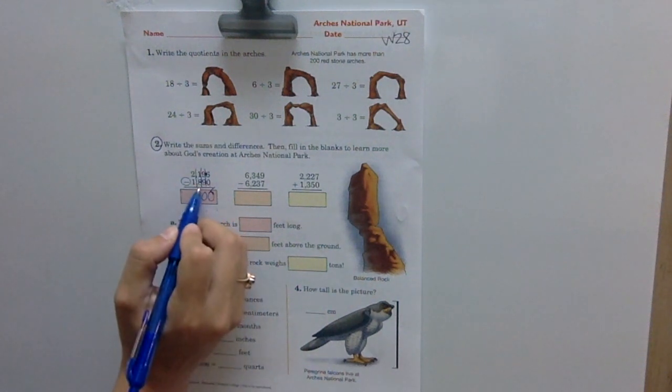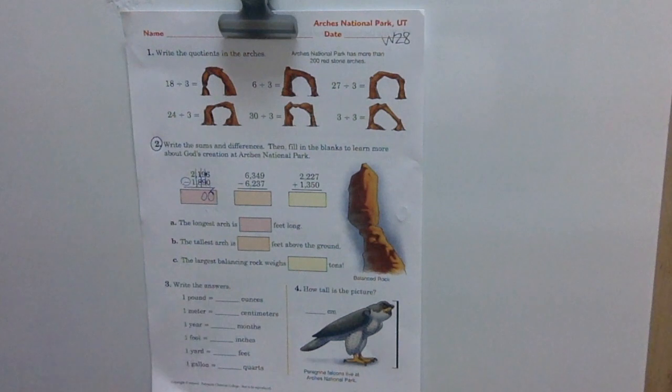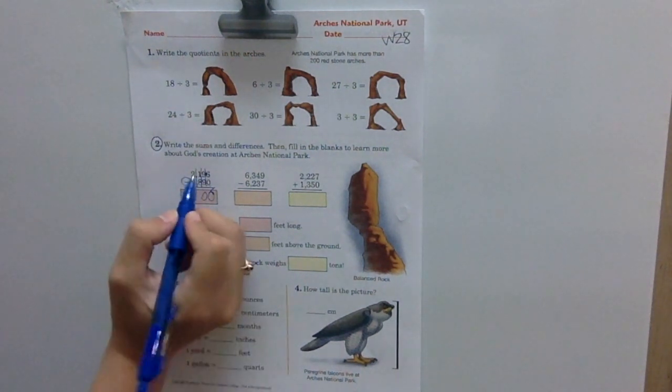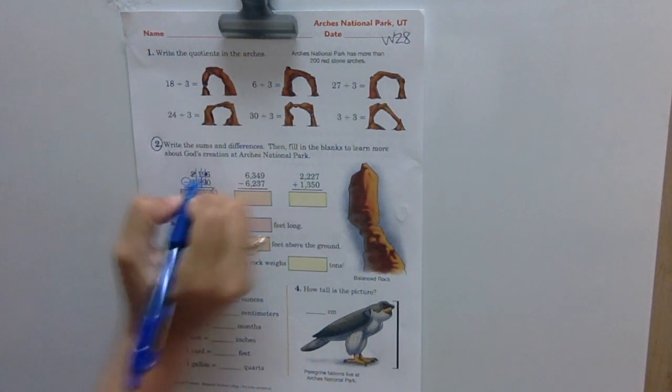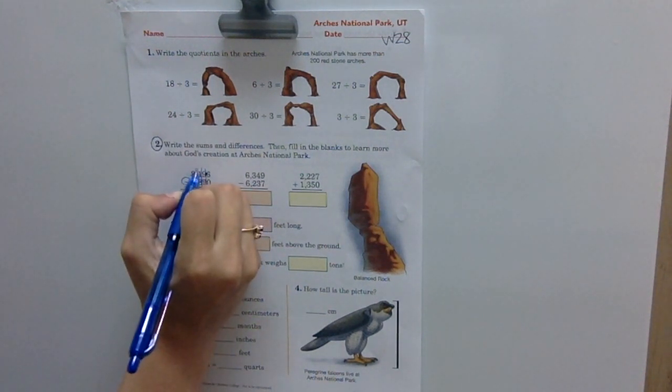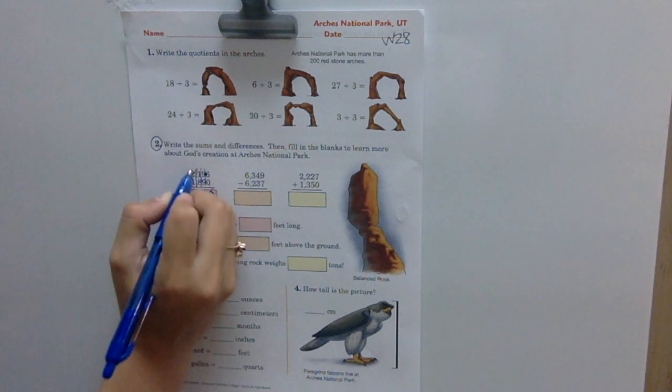All right, and then we're here in the hundreds place. 1 minus 8. Oh dear, I can't do that. So I have to go over here to my buddy. And 2 is going to give me a 1. And I'm going to put that 1 right in front of this one so that this one turns into 11 instead. And this 2 turns into a 1.